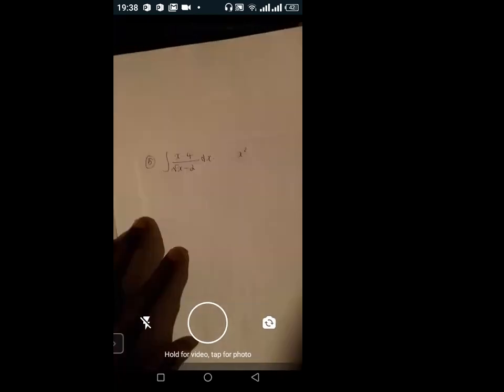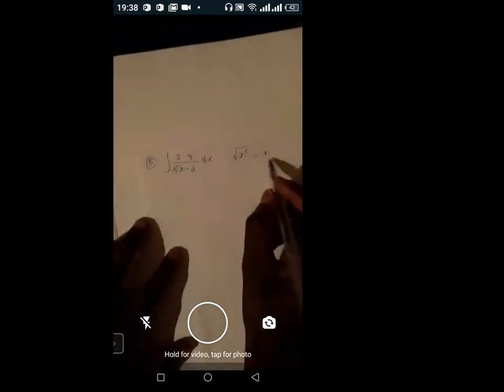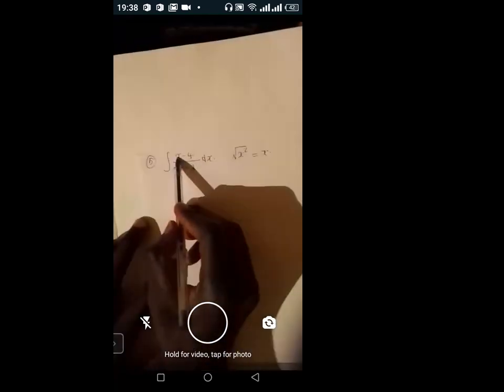You can write it as a difference of squares: when you find the square root of x, you get the square root of x, and the square root of 4 is 2.